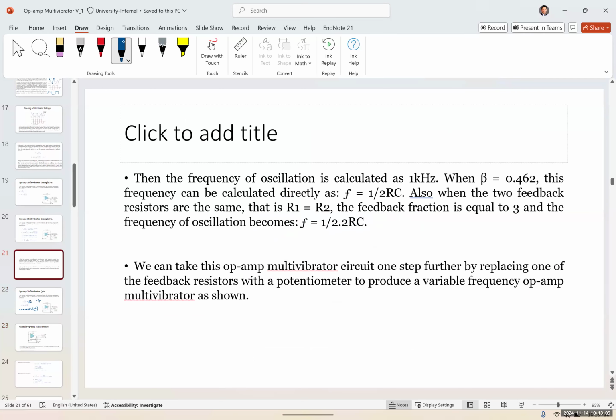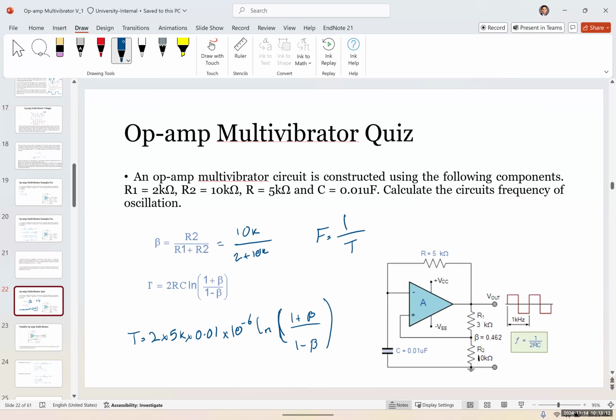So there's also another way to change the frequency. When we solve this, we realize that the frequency is a little bit higher around the 10K that you mentioned. So by simply changing R1 and R2 or R, we can change the frequency. The easier way to do that is to replace R1 and R2 or beta with a potentiometer.